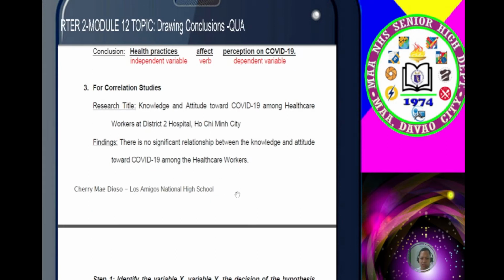So this is the title: Knowledge and Attitude Toward COVID-19 Among Healthcare Workers at District 2 Hospital in Ho Chi Minh City. The findings: there is no significant relationship between the knowledge and attitude toward COVID-19 among health workers.